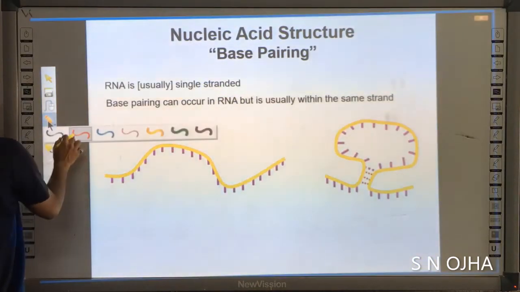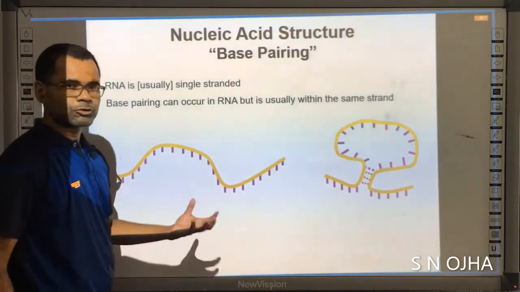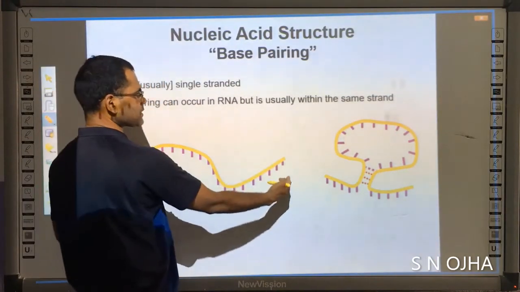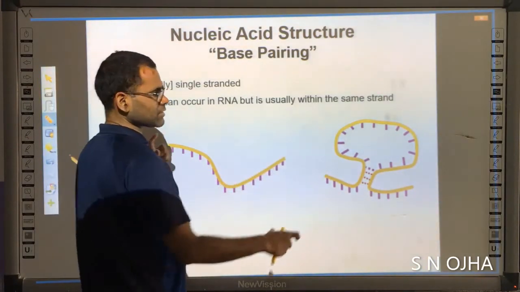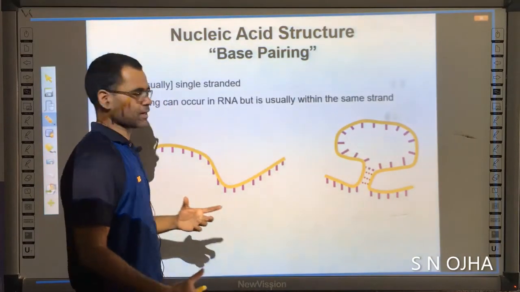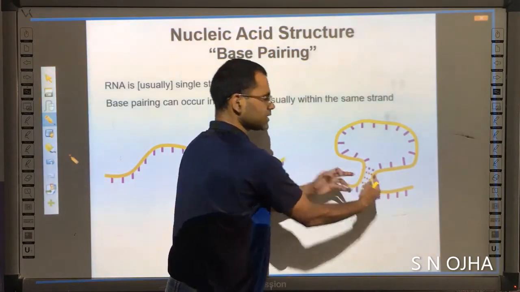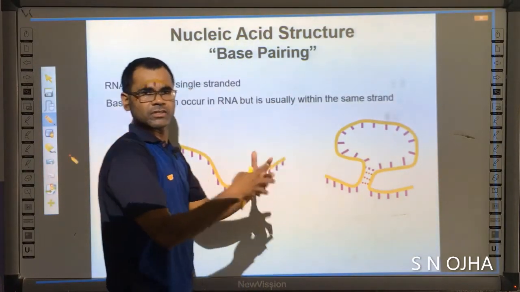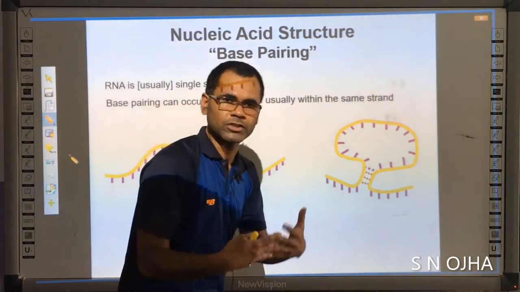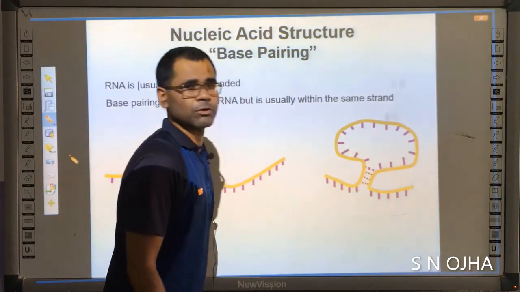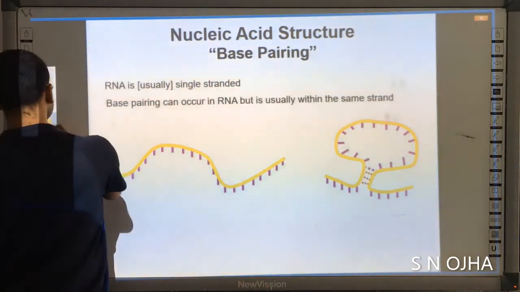Usually RNA is a single stranded structure, so no hydrogen bonds are present. But in some cases, for example in transfer RNA, when the RNA is coiled, the two strands come closer to each other, and there partial hydrogen bonds are also established.